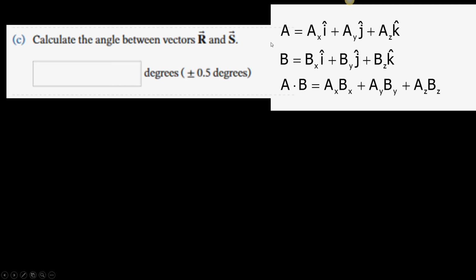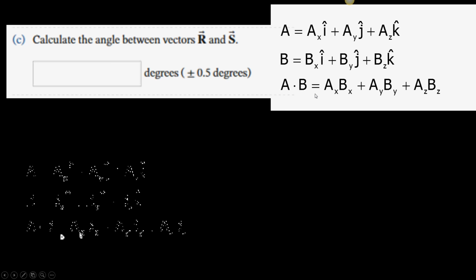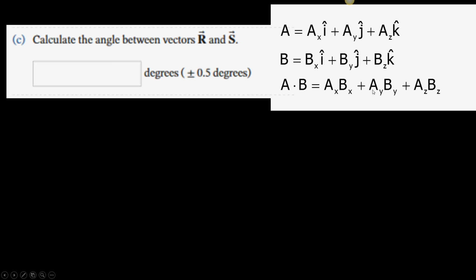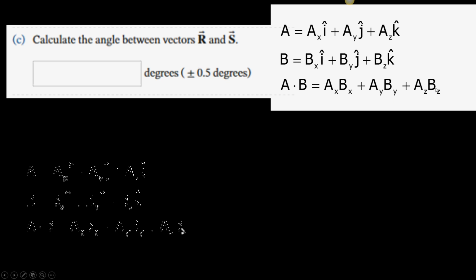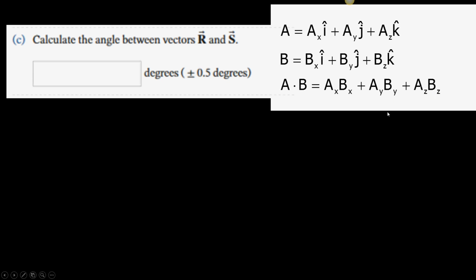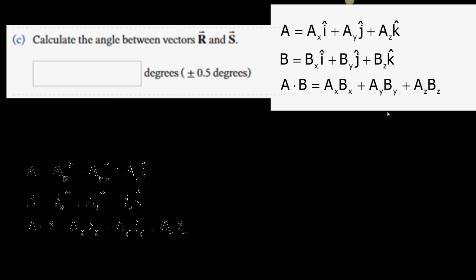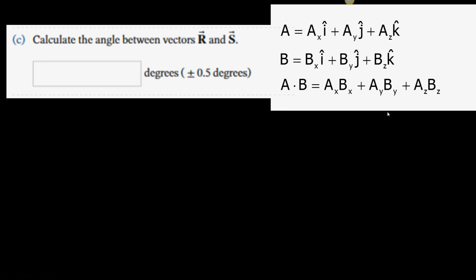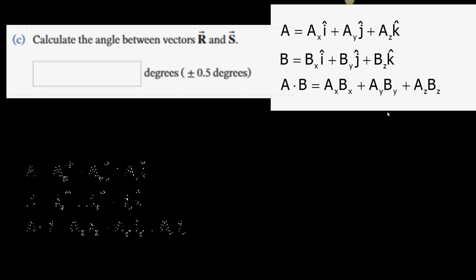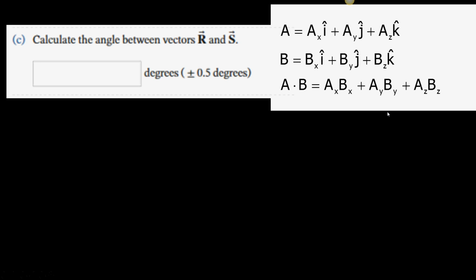So we'll get A dot B is equal to A sub x, B sub x, plus A sub y, B sub y, plus A sub z, B sub z. And that'll be a number, a scalar. That's why they call it the scalar product. By the way, A cross B is not the same thing as B cross A, so what I'm telling you about the dot product doesn't extend to the cross product.